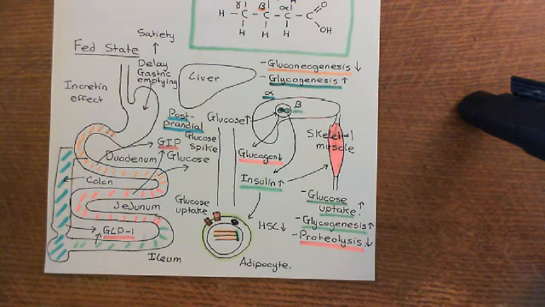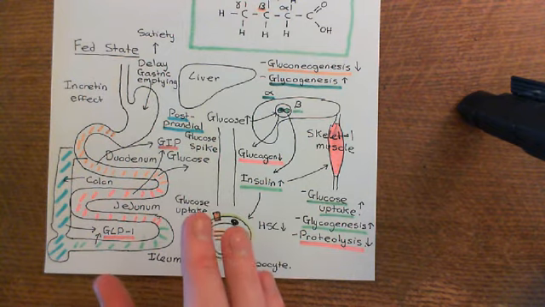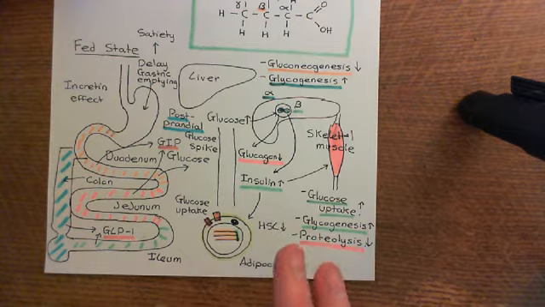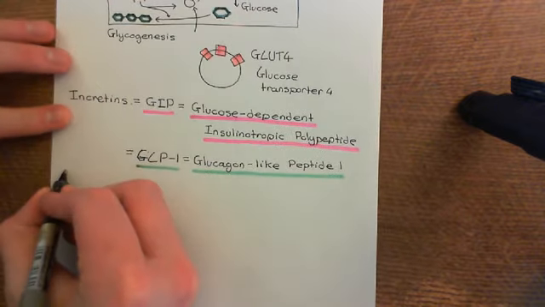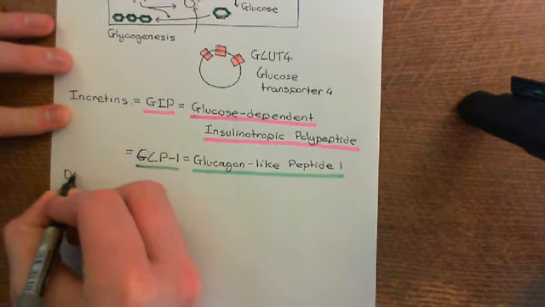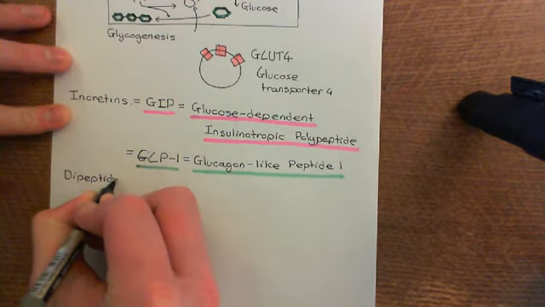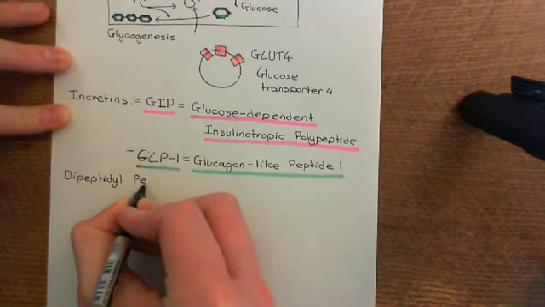Okay, right. The last thing then that I want to just say about the incretins, because again it will be important when we come on to the anti-diabetic drugs, is that they are broken down by an enzyme which is present in the blood. And the enzyme present in the blood which breaks down incretins is known as dipeptidyl peptidase 4.